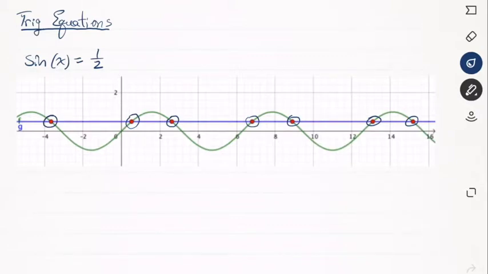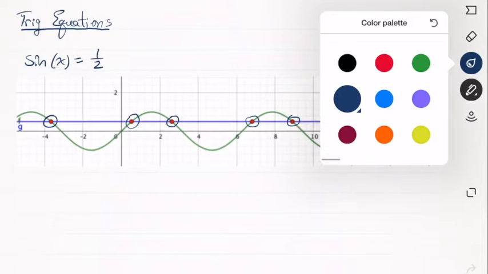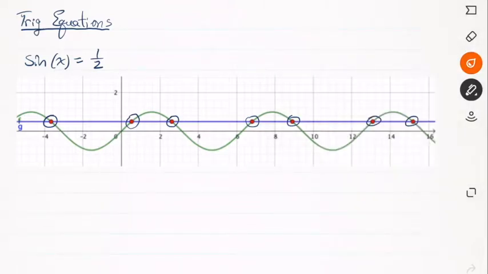Another thing you should notice, let me get a brighter color in here, is that the distance between this answer that's on the upswing of the curve as we're moving from left to right and this answer this distance apart is the period of the sine function, which is 2 pi.